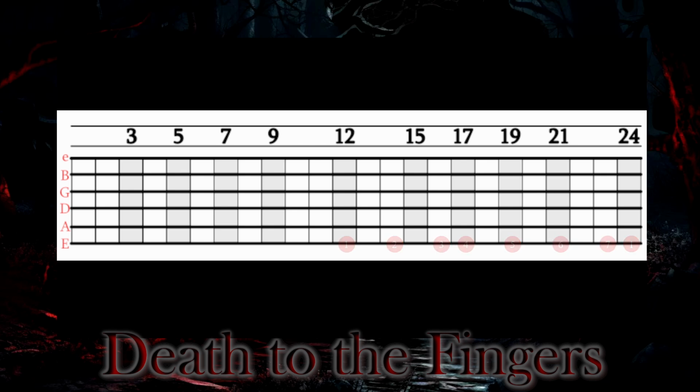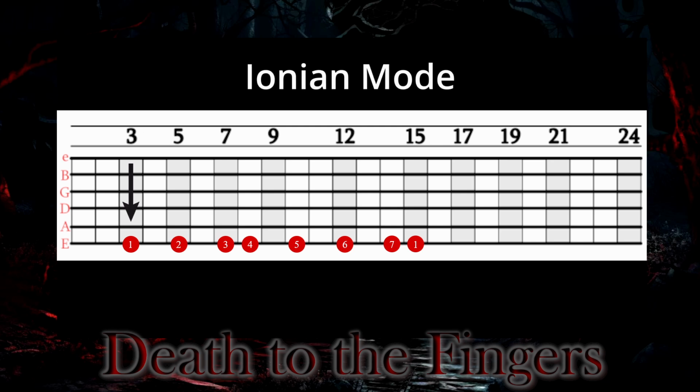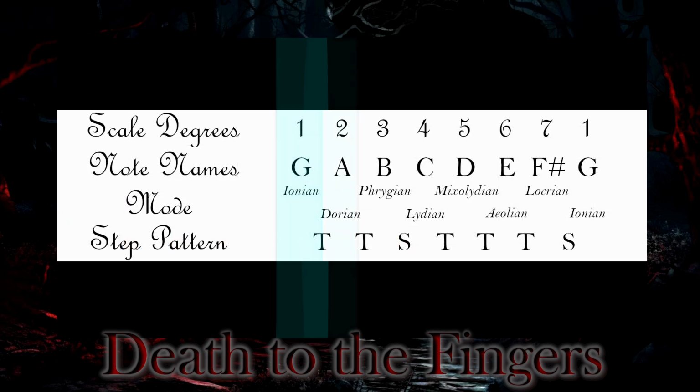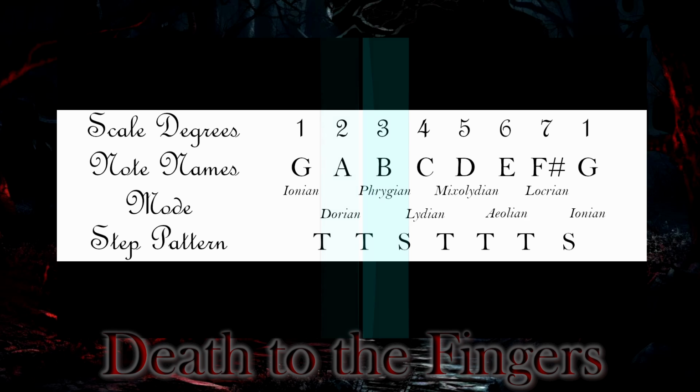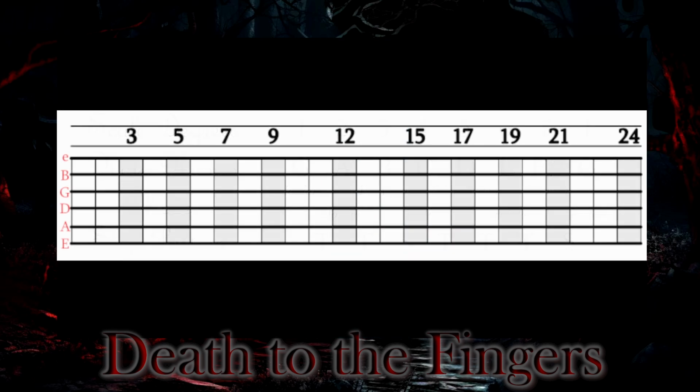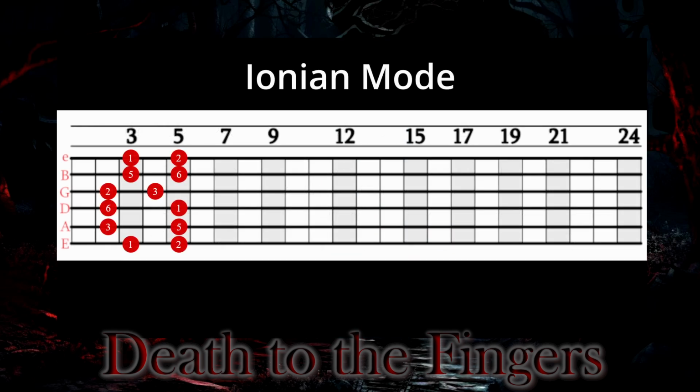Once I get that down, I can start filling in the blanks and understand that each one of these positions, the Ionian position, the Dorian position, the Phrygian position, correspond with a whole bunch of information. Ionian has the Ionian pentatonic, or 3 notes per string, the major scale, the major triad arpeggio, or the major 7, dominant 7 arpeggio.